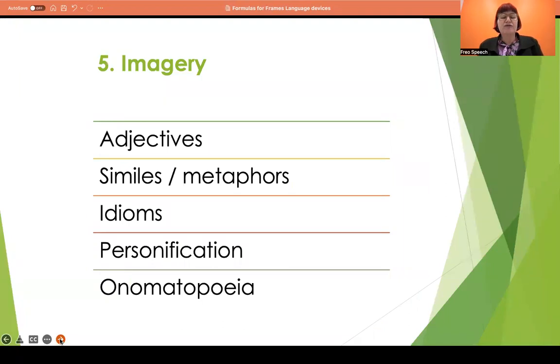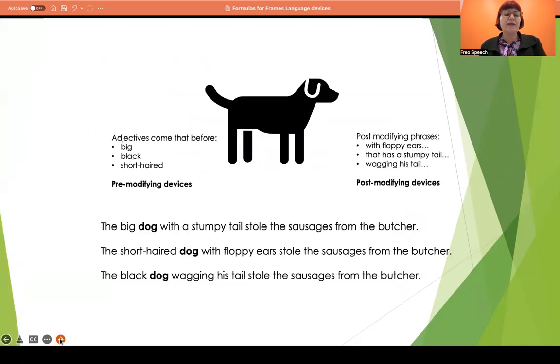So now it's imagery. And again, we get imagery from a whole range of different devices. Adjectives, similes and metaphors, idioms, personification and onomatopoeia. So adjectives, and these are great. And so here we've got a dog or a pup.